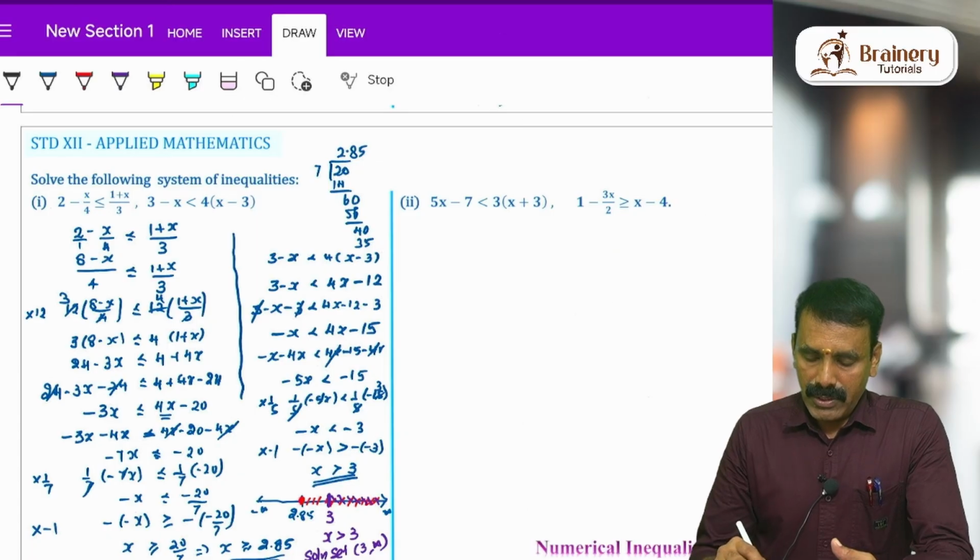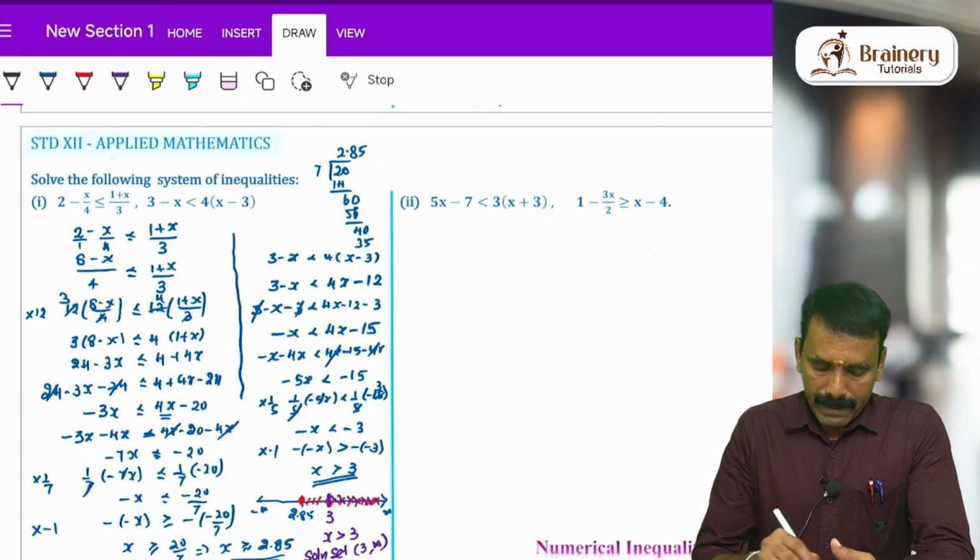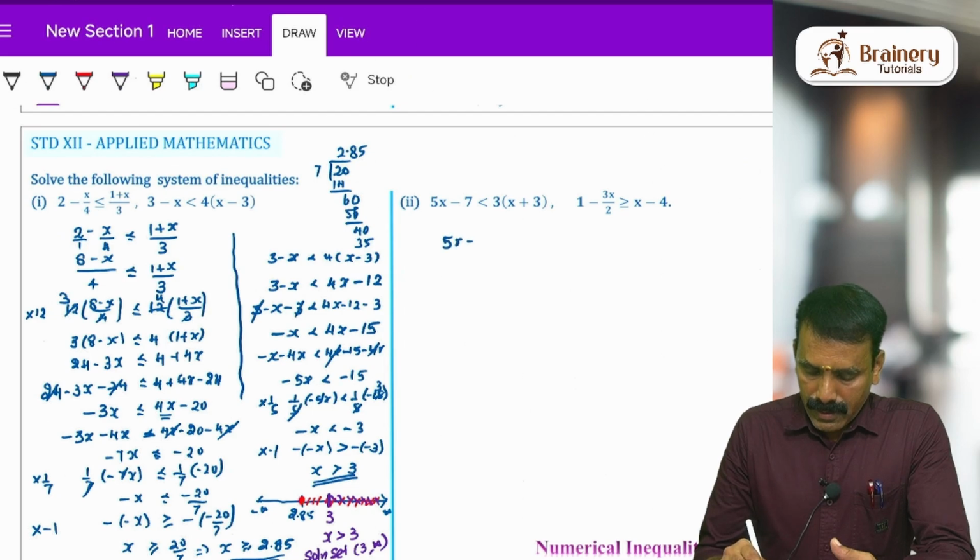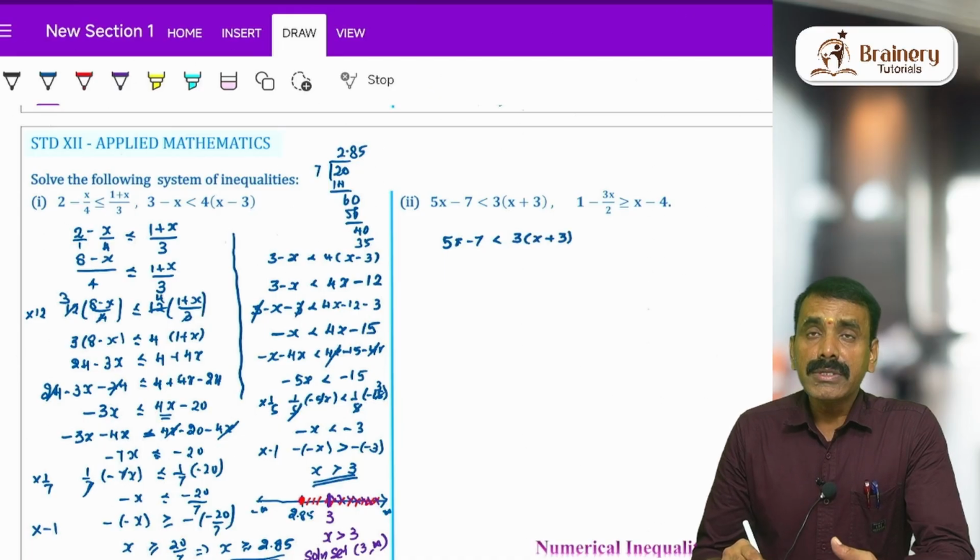First we take the first inequality. So the first inequality is 5x minus 7 strictly less than 3 into x plus 3. So we solve this.